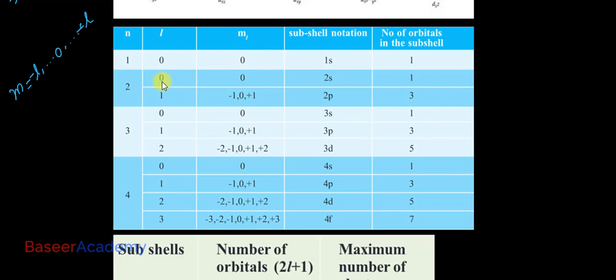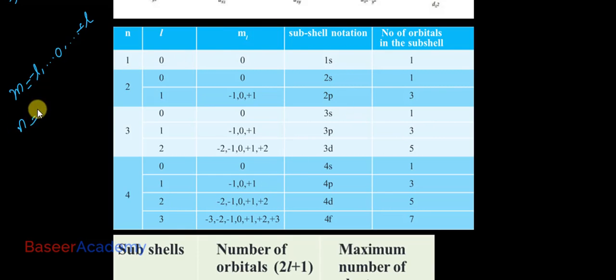When the value of L is 0, the M value will be 0. When the value of L is 1, obviously the M value would be minus 1 to plus 1. When the value of L is 2, M will be from minus 2 to plus 2. When the value of L is 3, M will take values from minus 3 to plus 3.